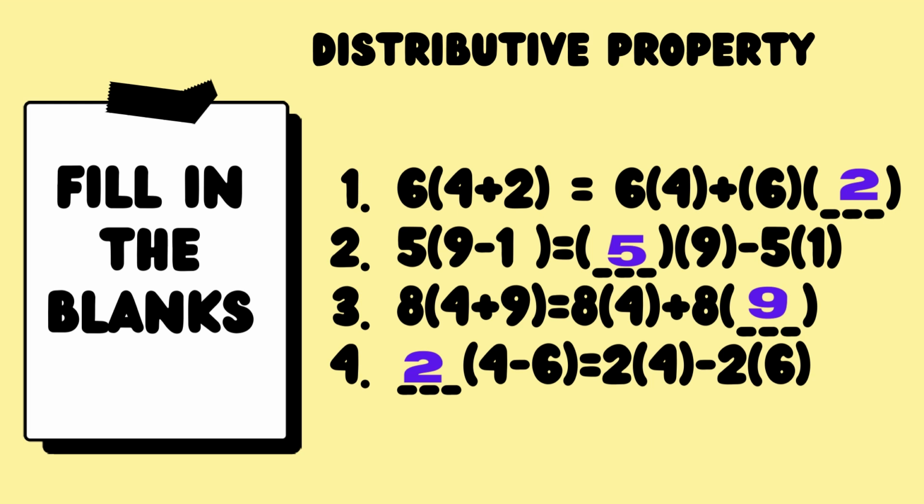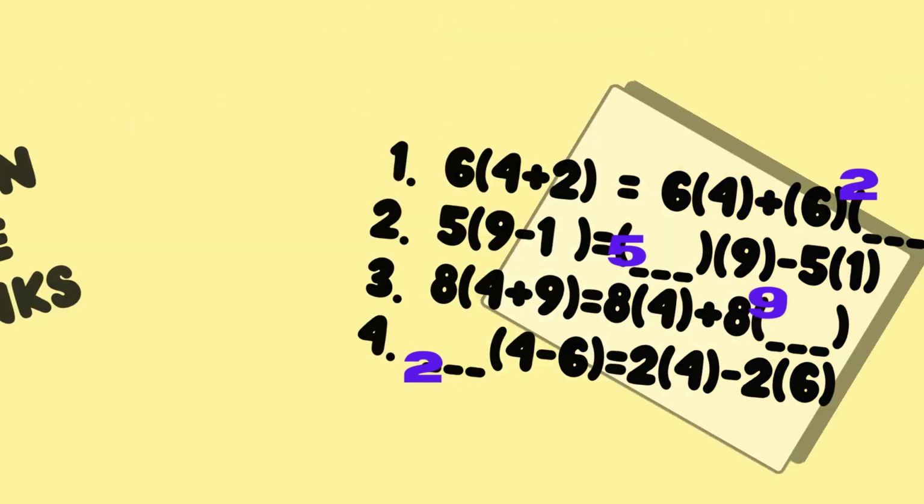So 8 you distribute to 4 and you distribute to 9, meaning you multiply each before you add. And then number 4, I hope you can see the relation here, 2 being multiplied to 4 and 6 being multiplied to 2. So 2 is multiplying the difference of 4 and 6.